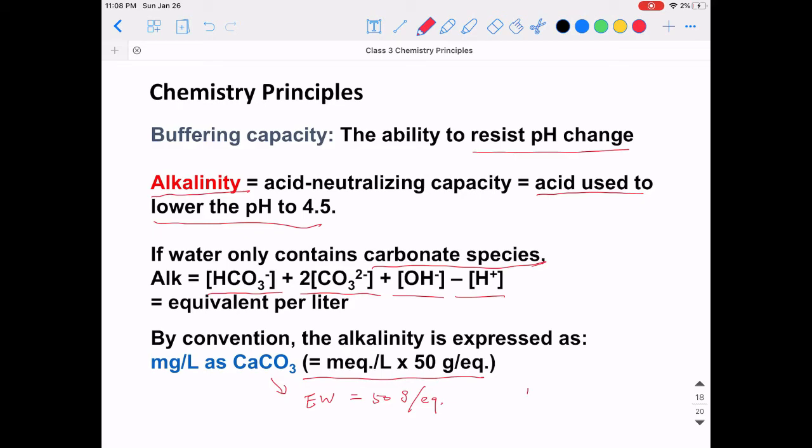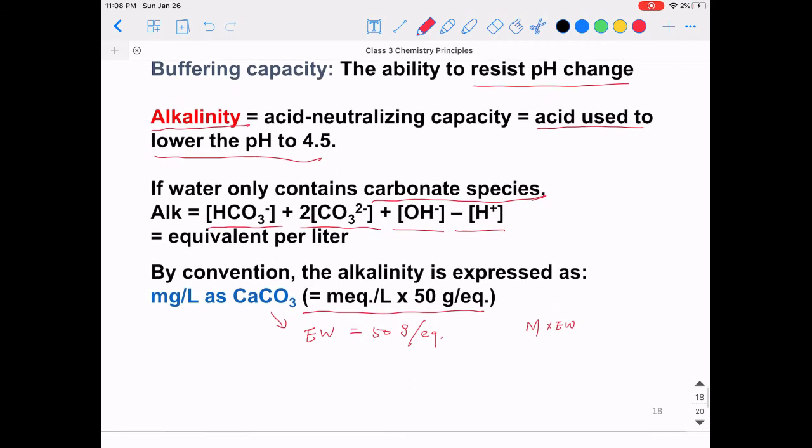So what we can do is first calculate the molarity of all of these acid neutralizing species, and then multiply that by the equivalent weight. That is going to give us the alkalinity.